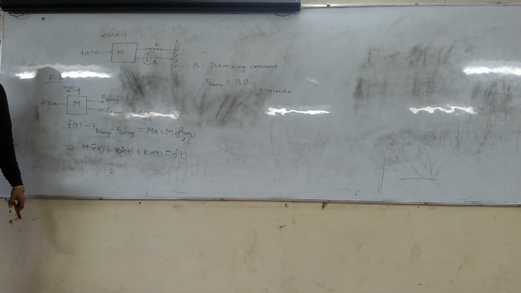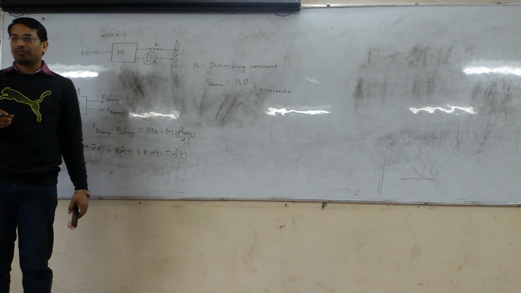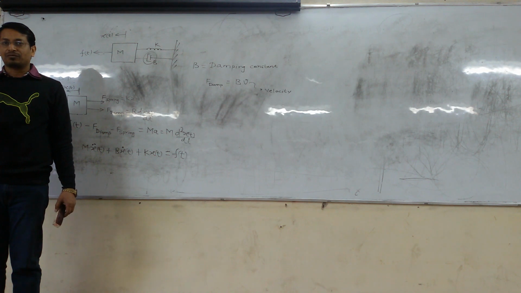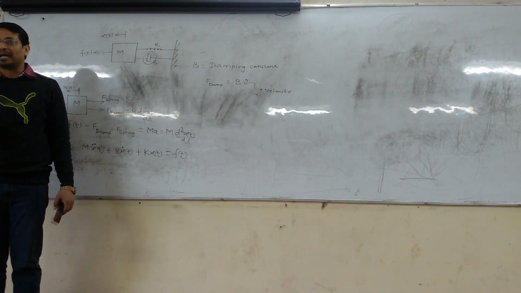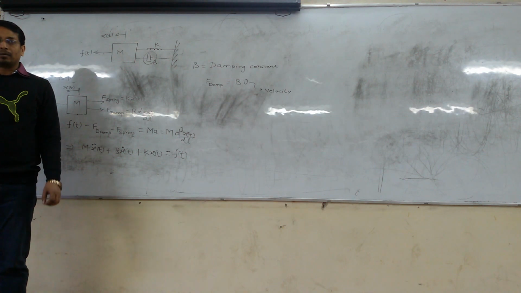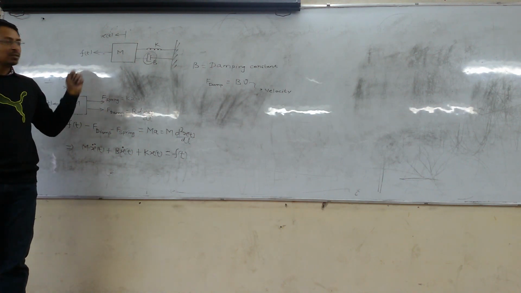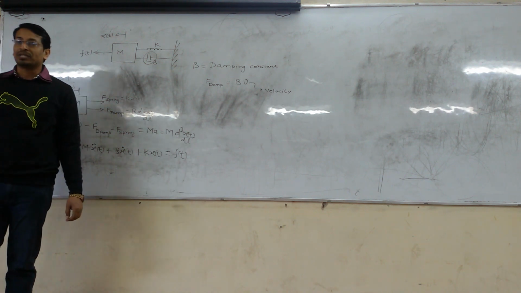Now try to recall the basic definition of transfer function. The transfer function was defined as the Laplace transform of output upon Laplace transform of input, provided the system is relaxed. System is relaxed means no part of your system is going to store energy. So what are the various parts in this mass spring damper system which can store energy?